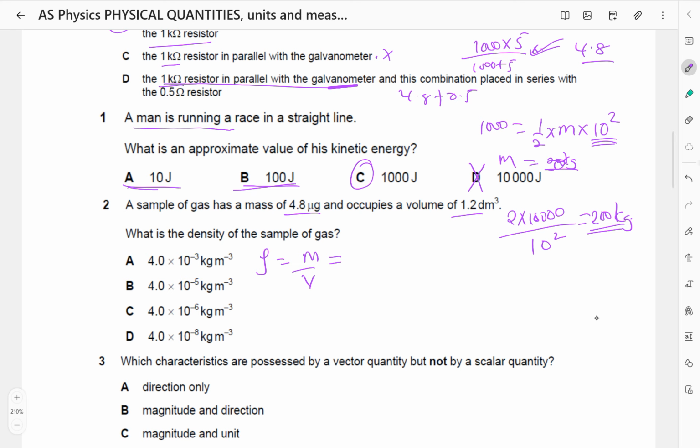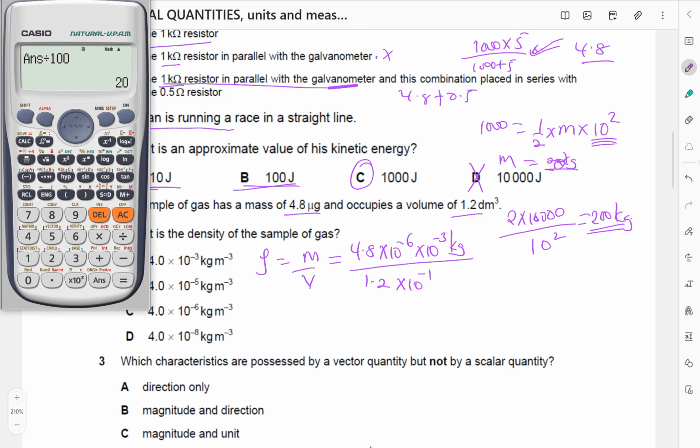I'll change the mass to kilograms, so that will be 4.8 times 10 power negative 6 to remove micro, times 10 power negative 3 to change it to kilograms. Divide by the volume, which is 1.2 times 10 power negative 1.